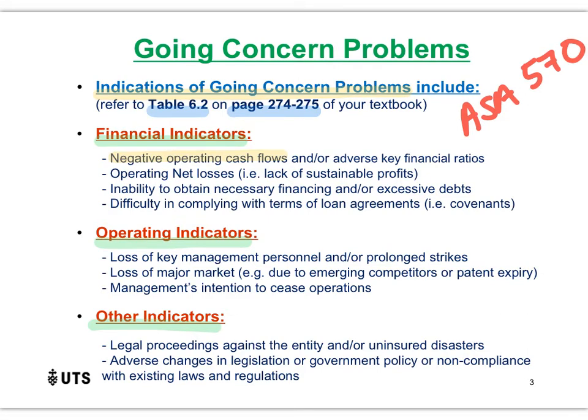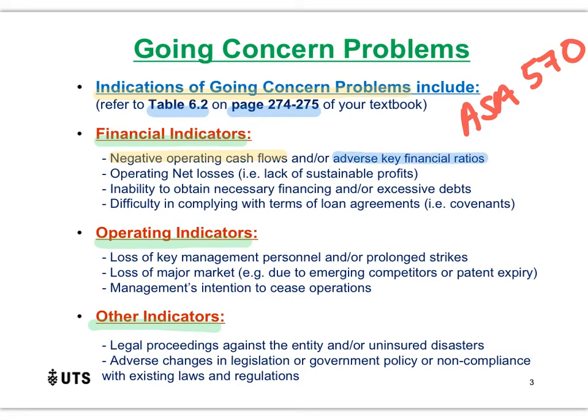Believe it or not, guys, the success and the strength of an organization is not based off profit. It's actually based on cash flow. So looking at their cash flow and making sure they have enough cash resources is really, really important. Something else that may indicate that they might have going concern issues is if we look at their financial ratios and they don't look very good.